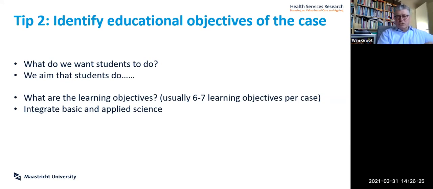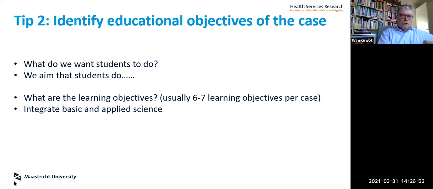So it's good, as a starting point, to identify what the learning objectives or learning goals actually are. Usually it works best if each case has about 6 to 7 learning goals that help students go through the literature. So 6 or 7 Easter eggs that we hide from them and that they identify by discussing the case.